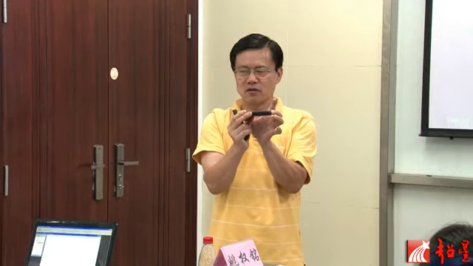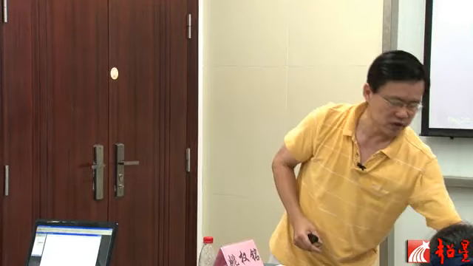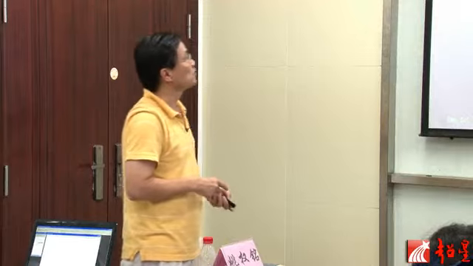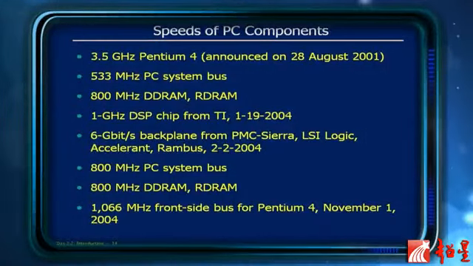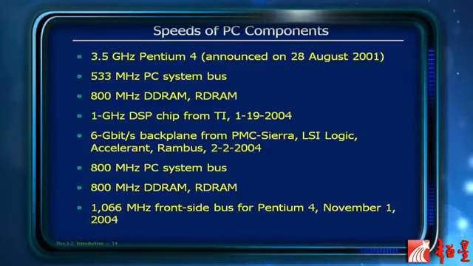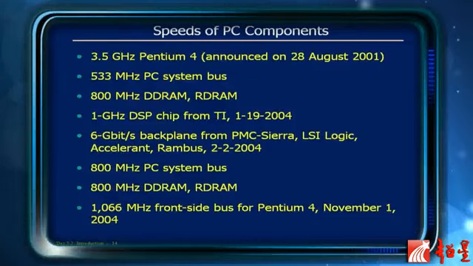So you cannot treat this as a lumped circuit anymore. You have to treat this as a transmission line. And if you look at all the frequencies, everything's pretty high, going into the gigahertz range.